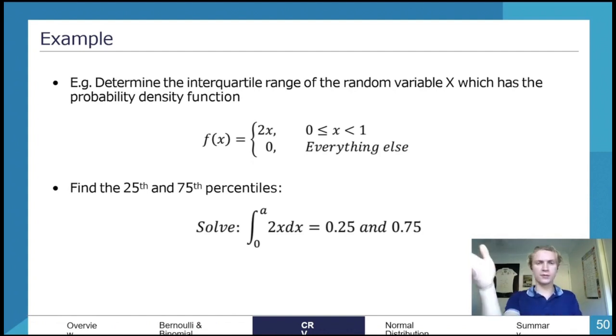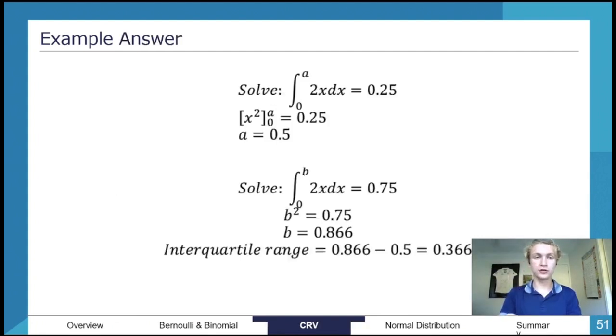It's a similar concept to when we were talking about median, right? Except this time we're talking about Q1 and Q3. Q1 being 25%, 75% for Q3. So we just solve for those two. We find that A equals 0.5, so that's for Q1. Then we solve for B, and we find that it is equal to 0.866. Therefore, interquartile range is 0.366.